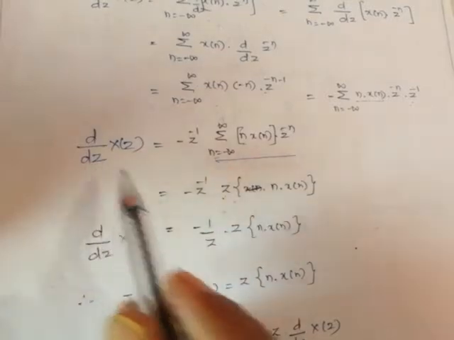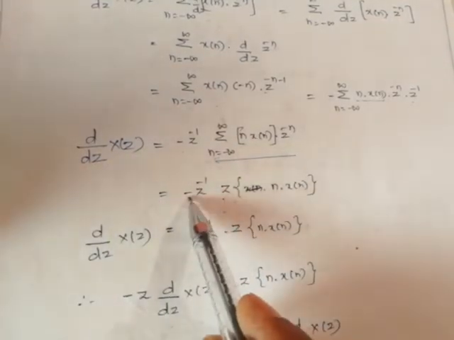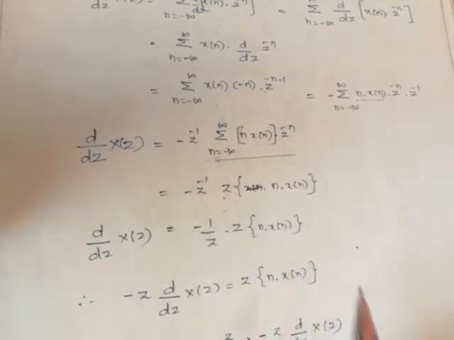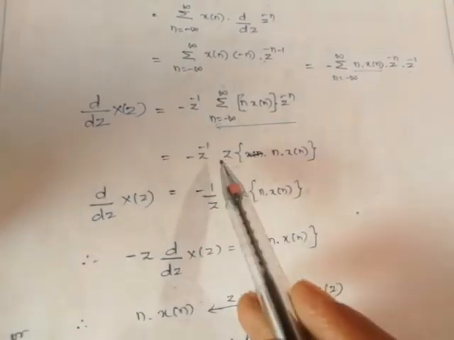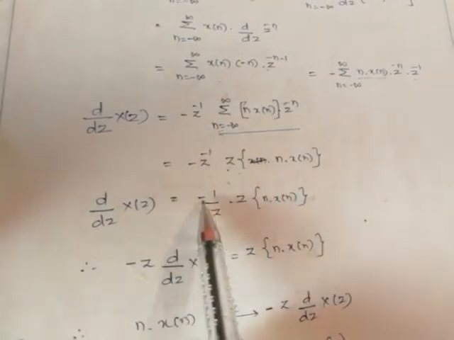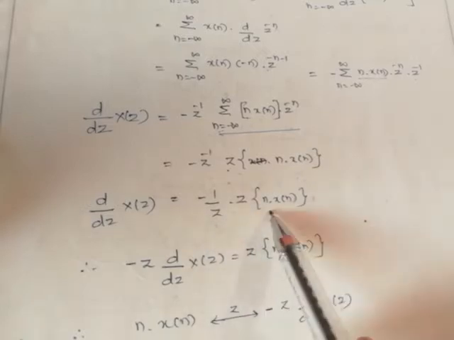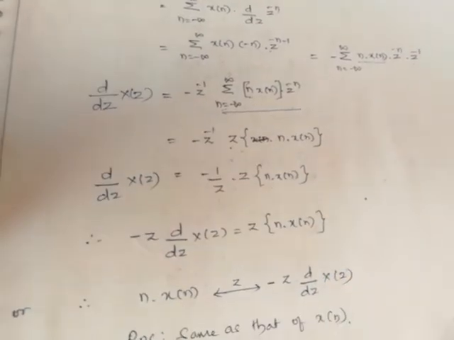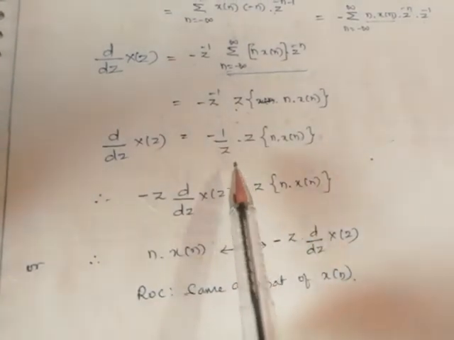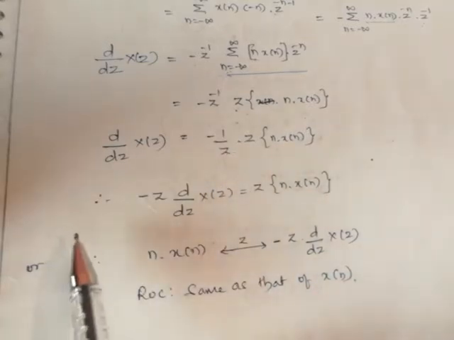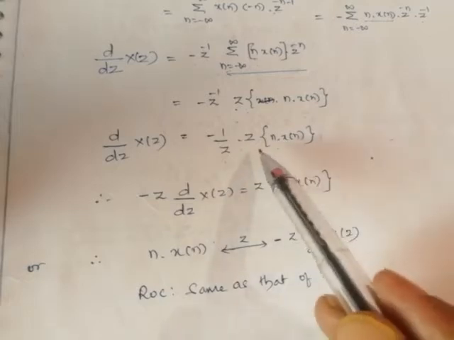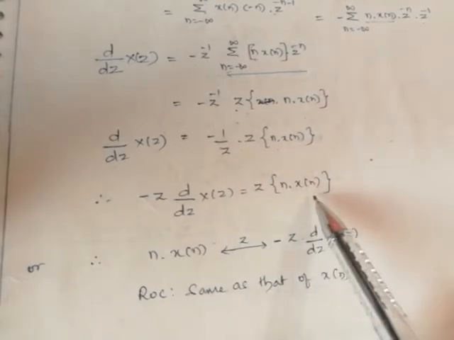Hence the differentiation of x of z equals minus z to the power minus 1 times the z transform of n into x of n. Z to the power minus 1 we can write as 1 divided by z. Next I take this minus z to the other side, so it becomes minus z into the differentiation of x of z, equal to the z transform of n into x of n.